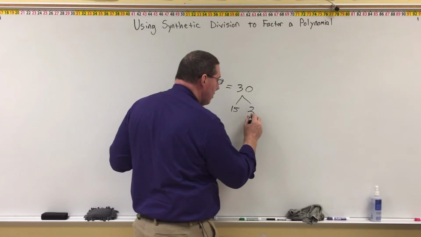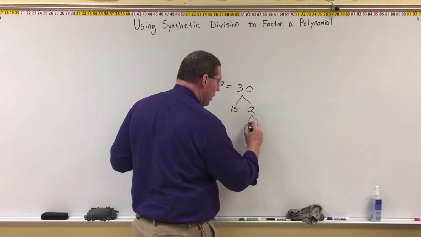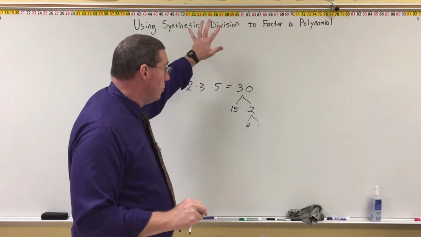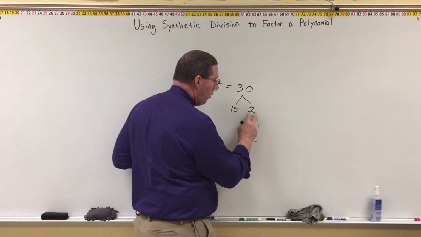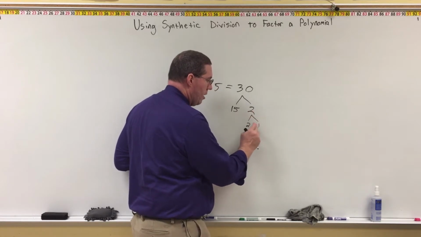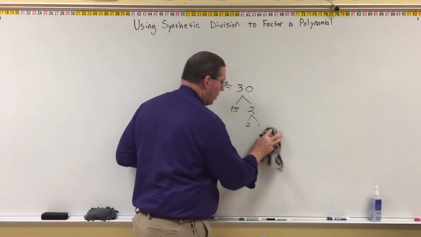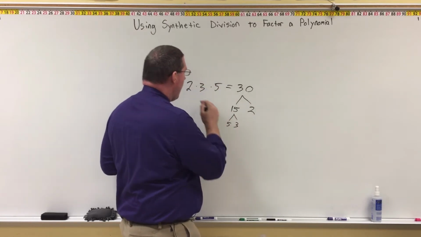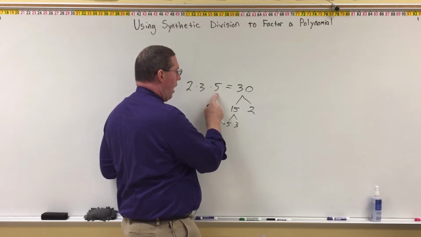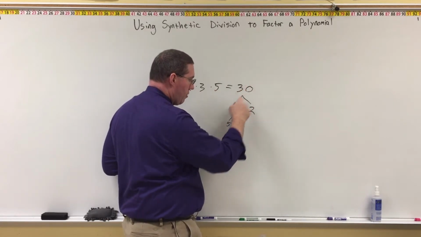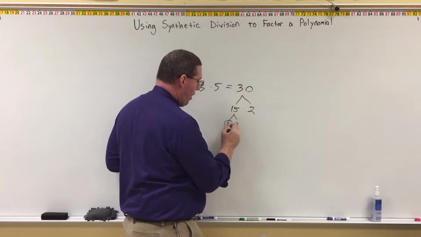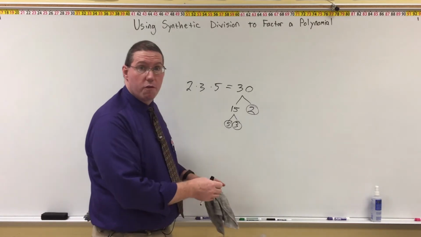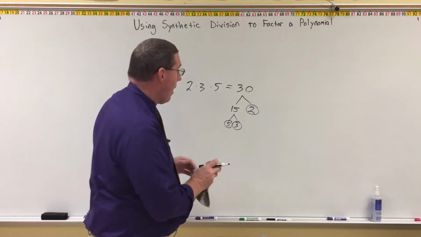Technically speaking, you can factor 2 into 2 and 1, which is useful in what we're about to do. But generally speaking, we usually don't factor numbers into themselves and 1. So we're going to leave the 2, but 15 can be factored down into 5 and 3. And so you can see we started with 2, 3, and 5, three prime numbers, and now this is the prime factorization of 30: 5, 3, and 2. Prime factorizations of numbers are very useful when doing even higher level mathematics.